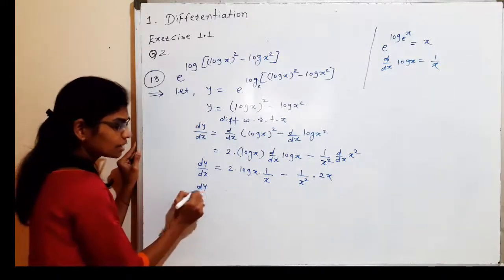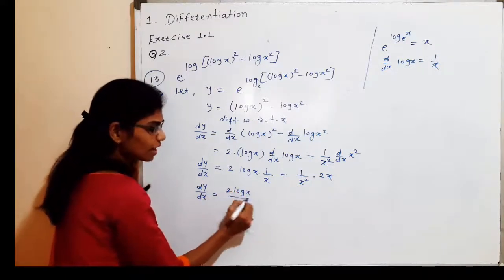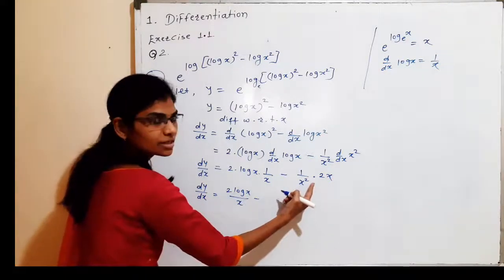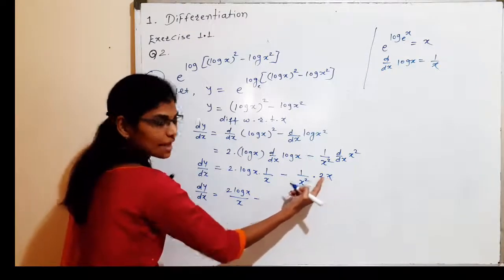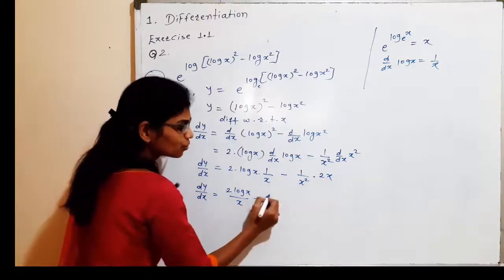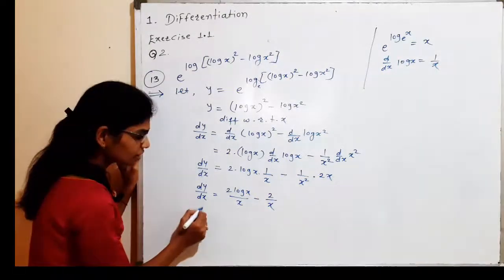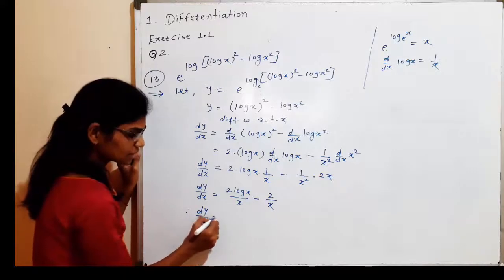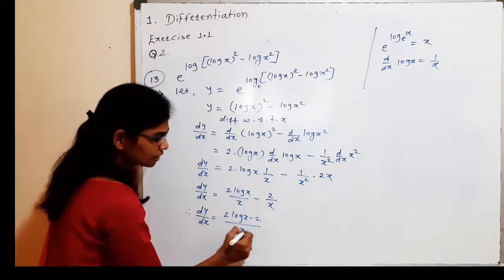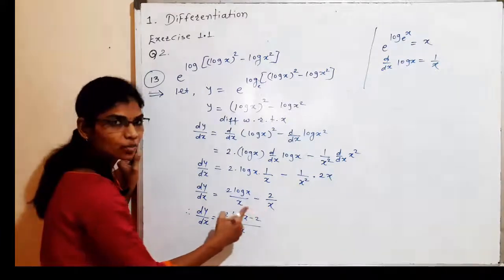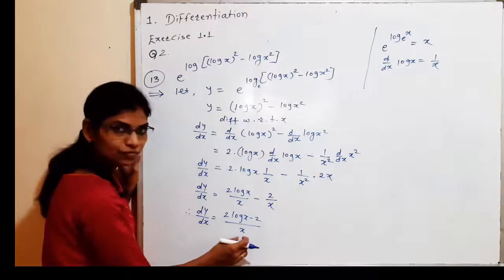At next step, dy by dx is equal to 2 into log x divided by x minus, in this fraction from numerator and denominator one of the x gets cancelled and its simplified form is 2 divided by x. So its final answer is dy by dx is equal to 2 into log x minus 2 divided by x, because both have the same denominator x, so we can take one out of them.